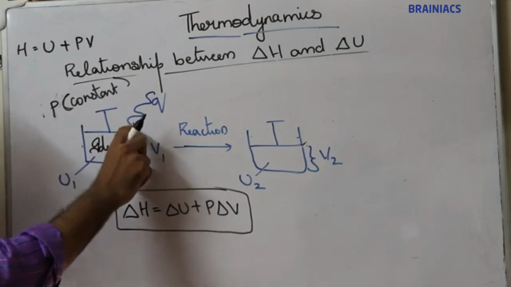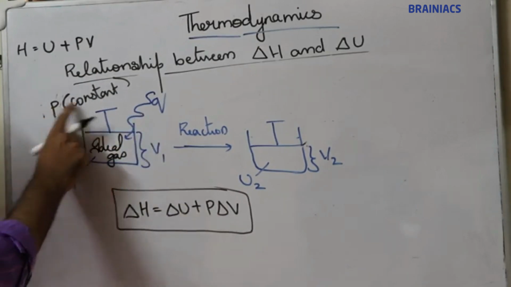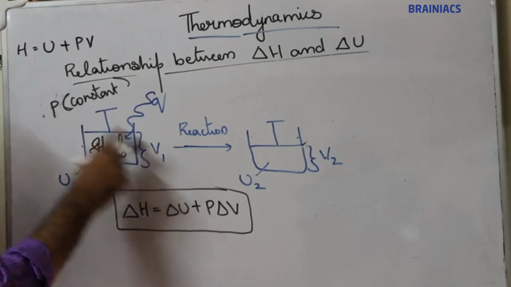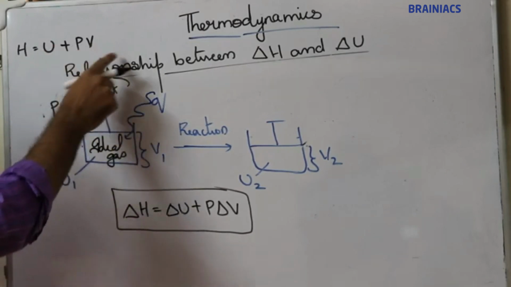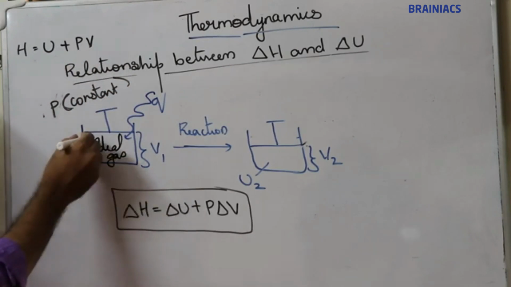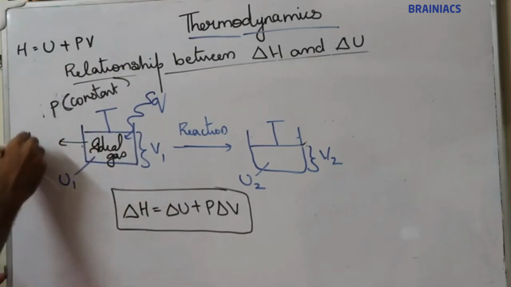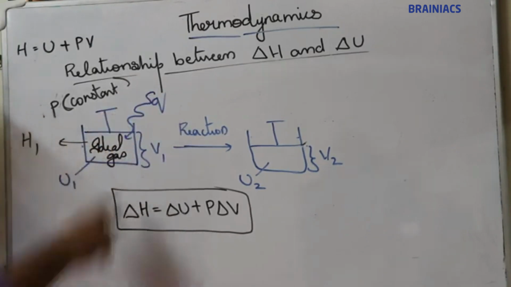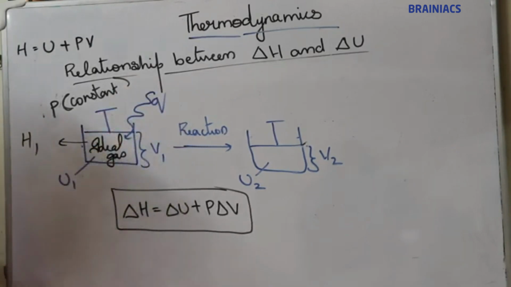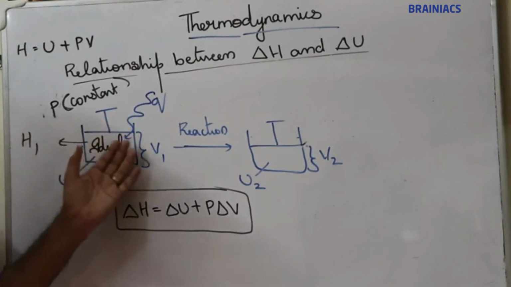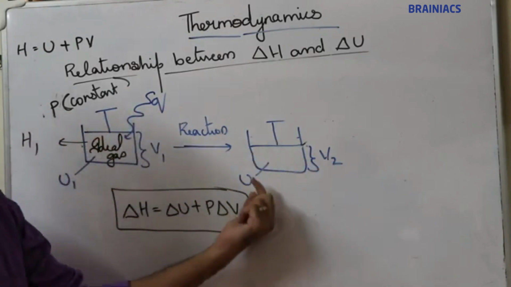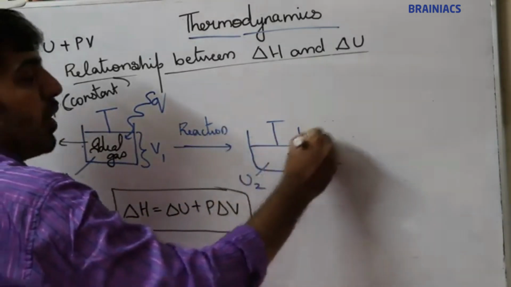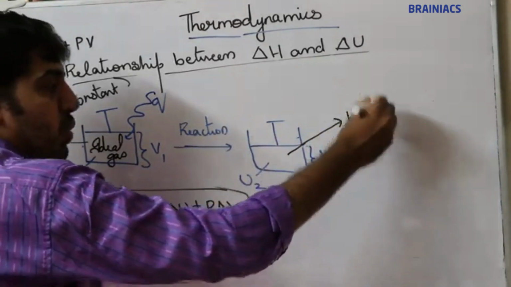So let the pressure be P, constant. Internal energy plus pressure volume energy is enthalpy, so let the enthalpy of this system be H1. Now if the system absorbs heat energy, the internal energy and volume change to U2 and V2, so let the new enthalpy be H2.